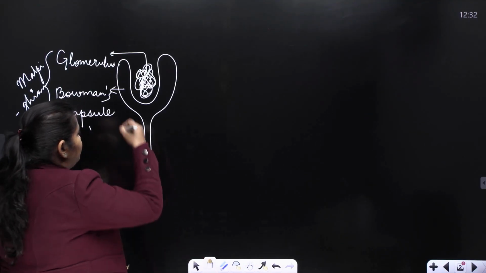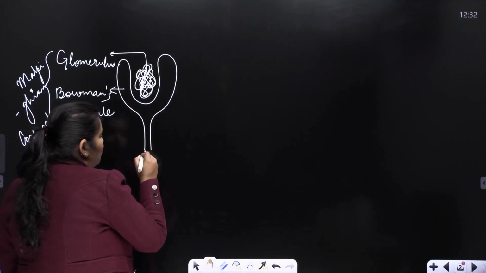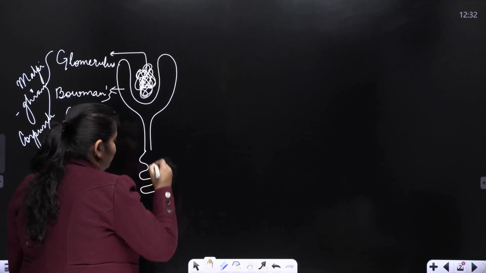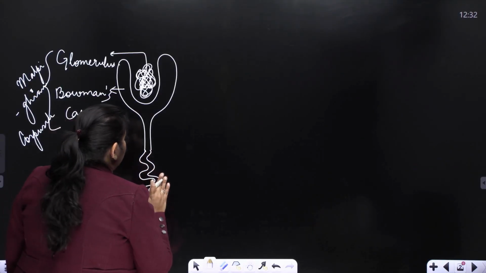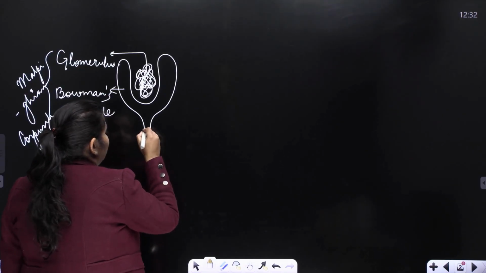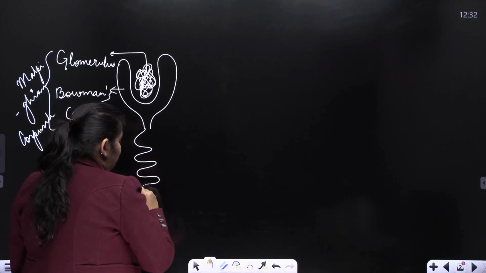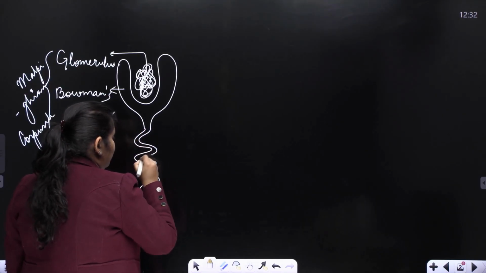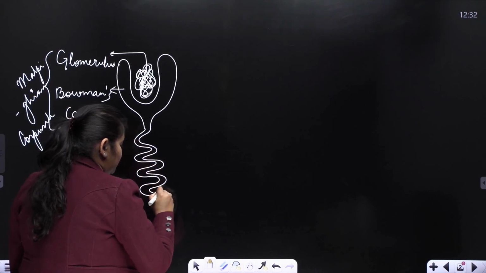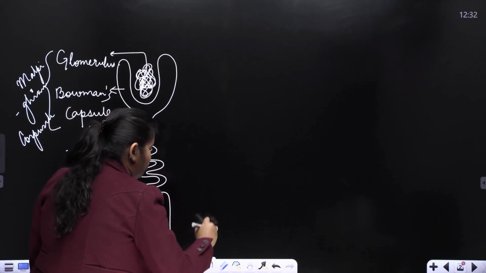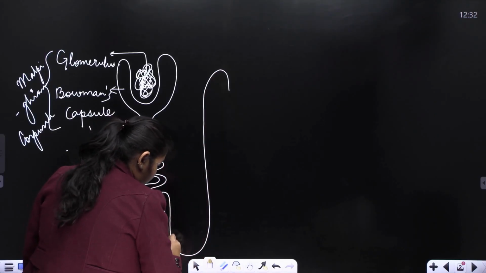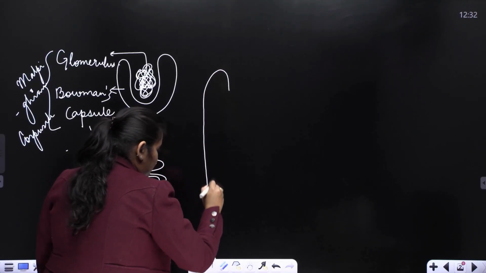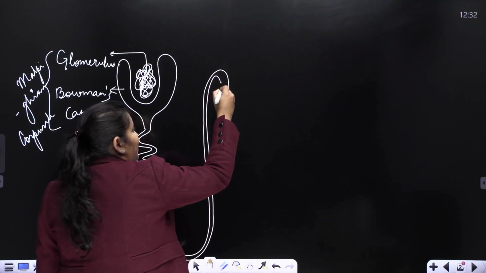Now, this structure leads into a coiled part which is known as the PCT. I'll draw it a little up here. This is the PCT, and then it forms a U-shaped structure, which is the loop of Henle.